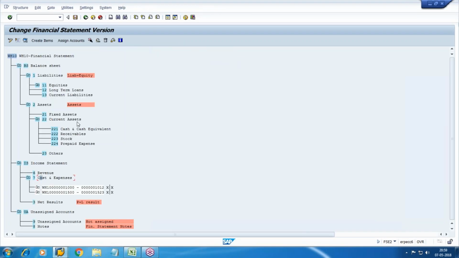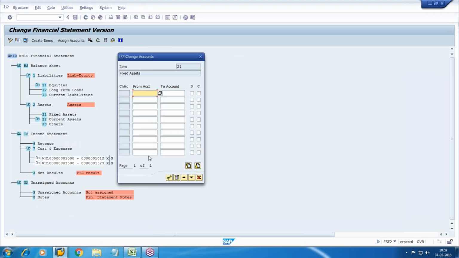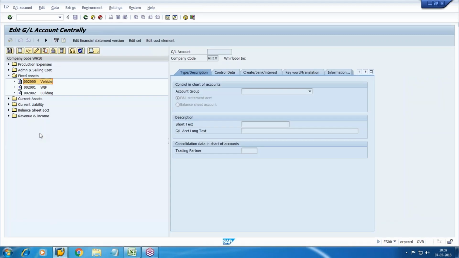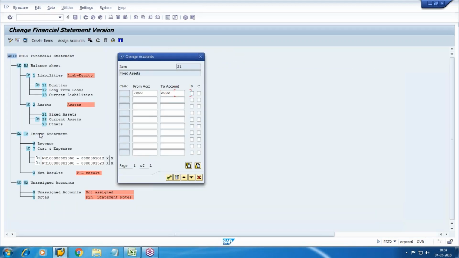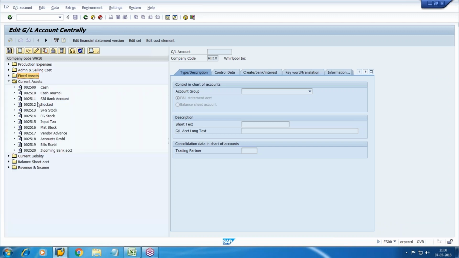Assets. I don't think we have asset balance. Let's see. So fixed asset. Select assign account 2000 to 2002. Current asset.